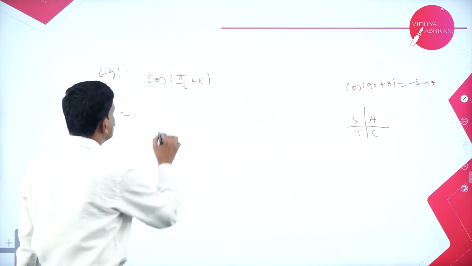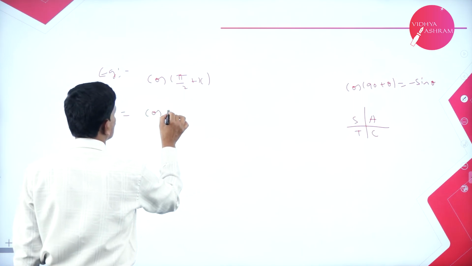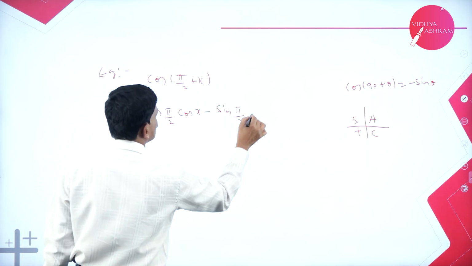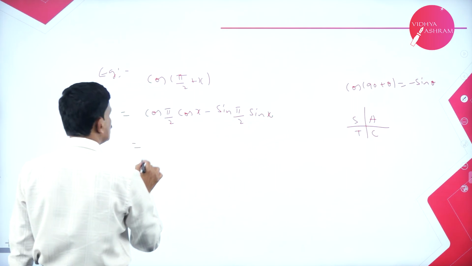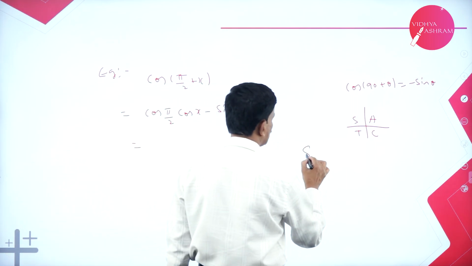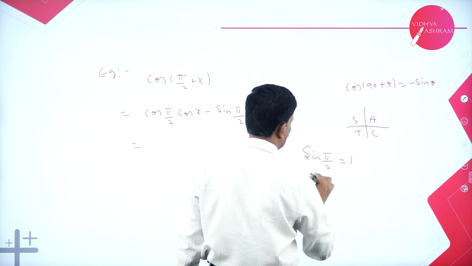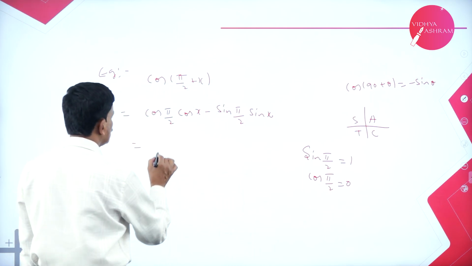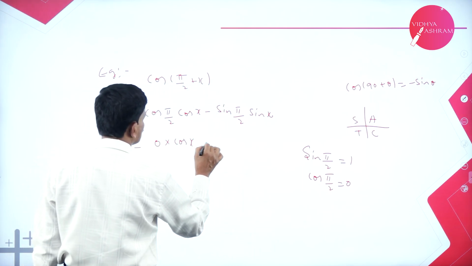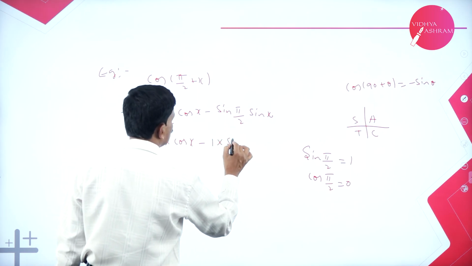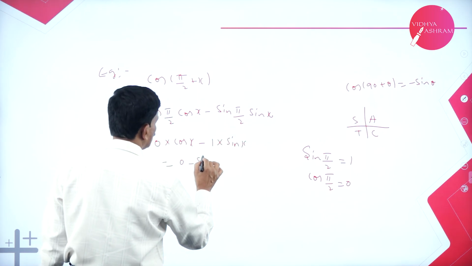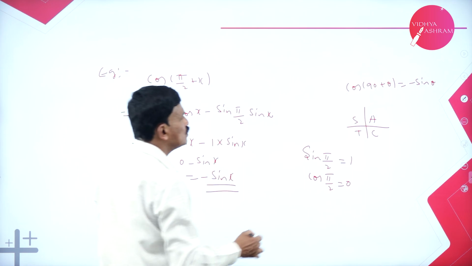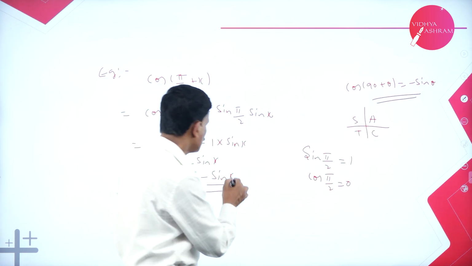This is of the form cos(A plus B) equals cos A cos B minus sin A sin B. Since sin 0 is 0, sin 90 is 1, and cos 90 is 0, simplifying gives 0 into cos x minus 1 into sin x, which is 0 minus sin x, equal to minus sin x.